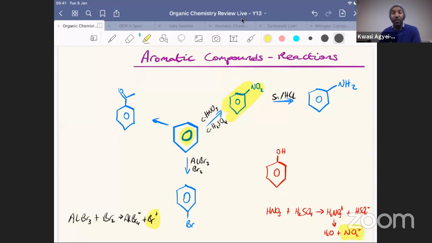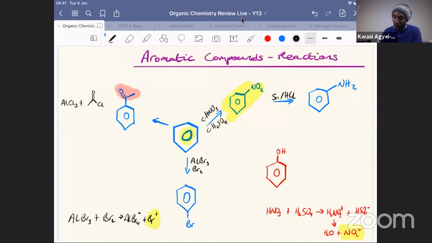Okay, so that's another reaction out of the way, and it's in a similar manner your acylation. So this is your acyl group. If I highlight the acyl group in pink here, that acyl group has to be formed from the reaction of AlCl3 plus your acyl chloride.